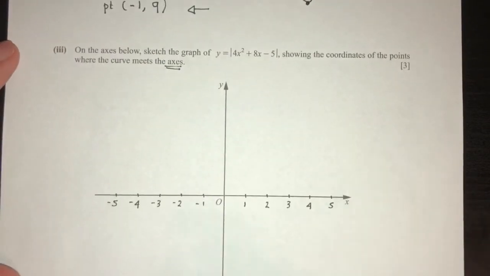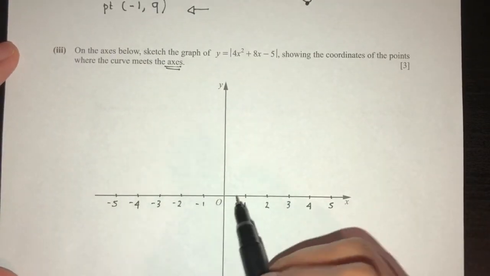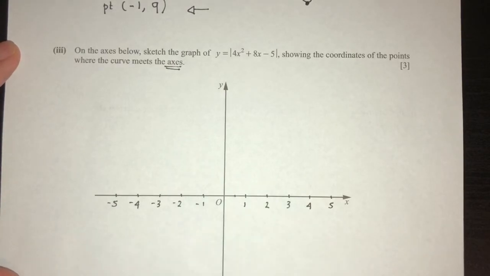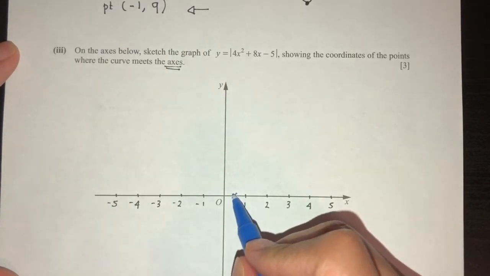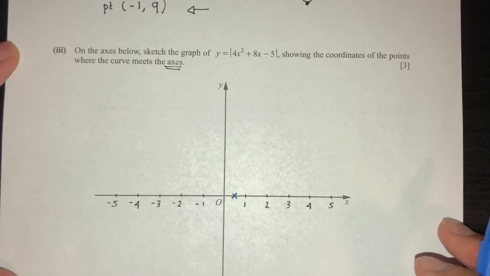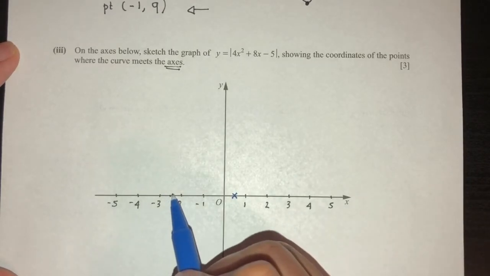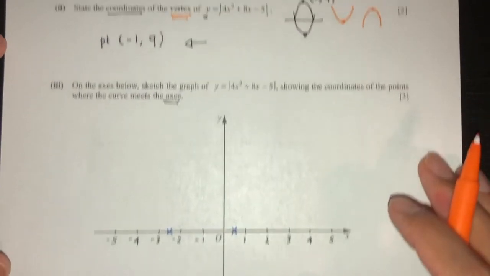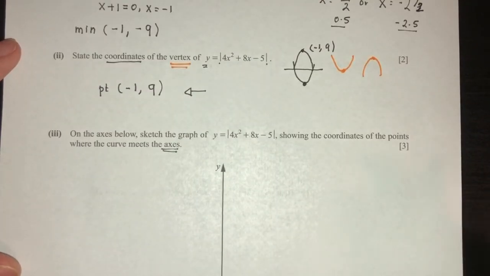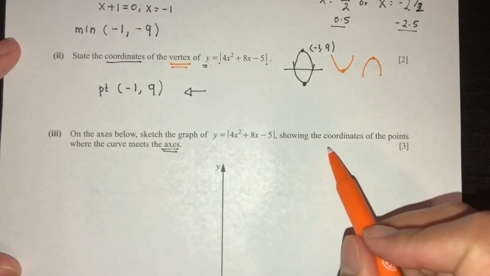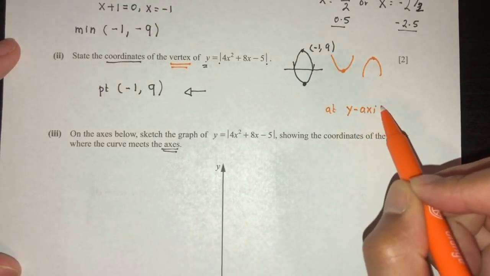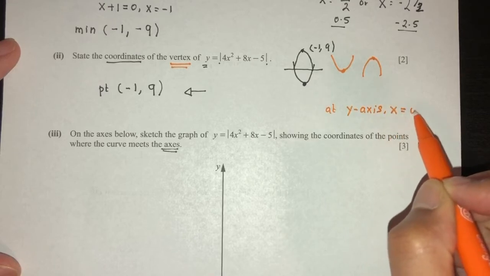So let's mark that. So 0.5 will be right here. And then we have, let's use a different color, blue. And then we have minus 2.5 will be right here. So these are the first 2 points we know. And the next point is we want to know where it cuts our y-axis. So pretty easy, replace the value. We know that at y-axis, the value of x has to be 0.